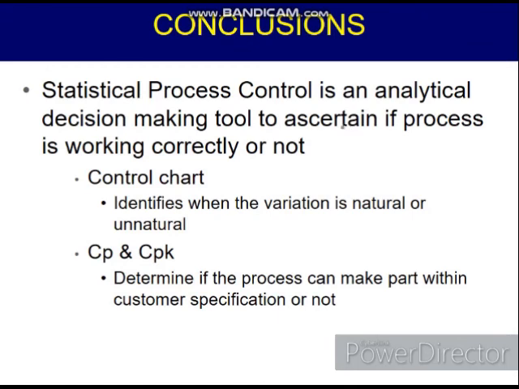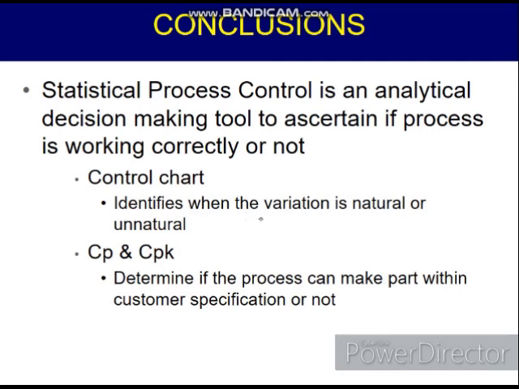Okay, as a conclusion for this chapter, SPC is an analytical decision-making tool to ascertain if a process is working correctly or not. There are two tools specifically that we have looked at. One is control charts. We have looked at how to develop a control chart, what it meant and what it's being used for. Basically, it can identify when the variation is natural or unnatural.